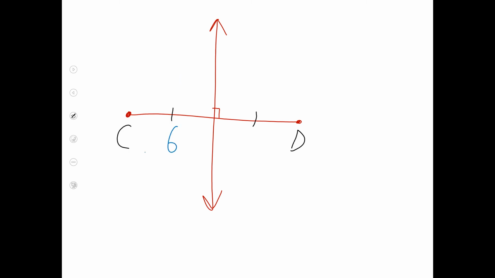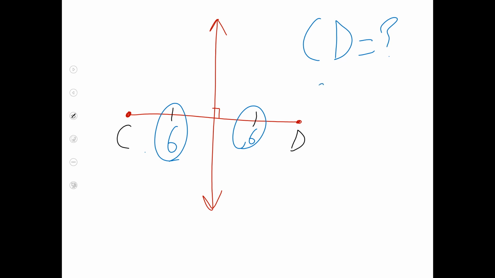Say that's 6 in length. And I want you to tell me how long CD is. Well, if this is 6, then this should be 6 as well. So that's 6. And if we add those two together, 6 plus 6 equals 12.